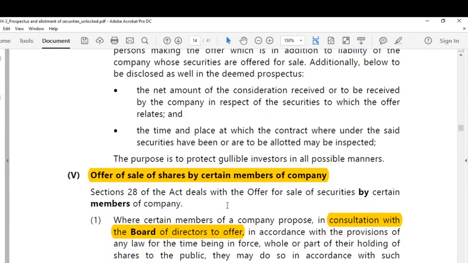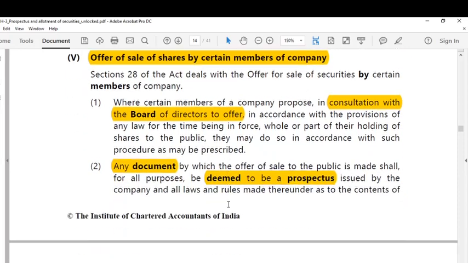And the last point says that on behalf of the members of the company, the company can sell the shares to the general public. In all such cases, the members, whoever wants to sell their shares, have to consult the board of directors, and the board of directors, after taking a decision, can sell the shares on behalf of the members.